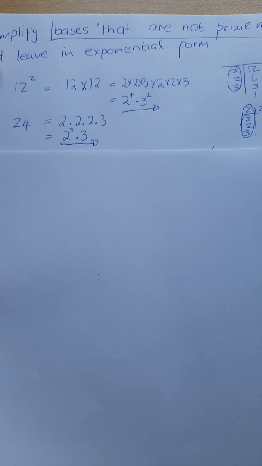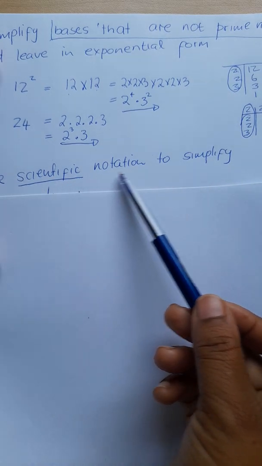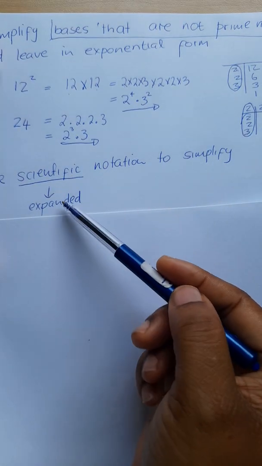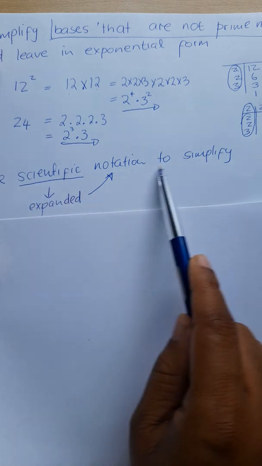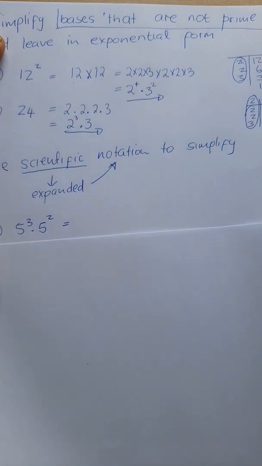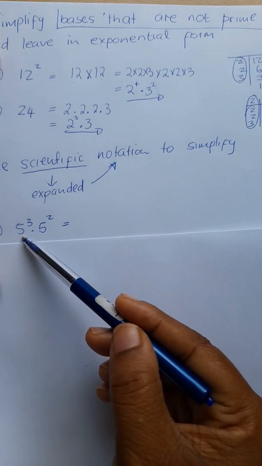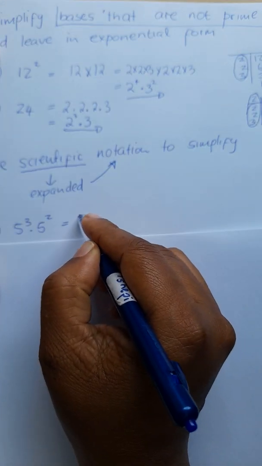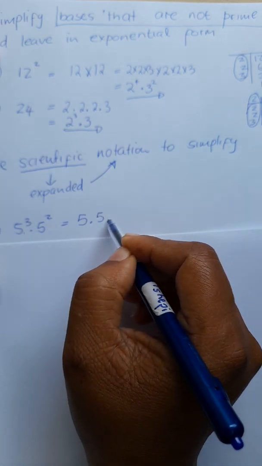On the next step, when they say simplify the exponent, they say use scientific notation to simplify. Remember, scientific notation is the same as expanded notation. They give you 5 to the power 3 and 5 to the power 2. You can see that these are the same bases, so you can simplify further. The first part is 5 times 5 times 5.